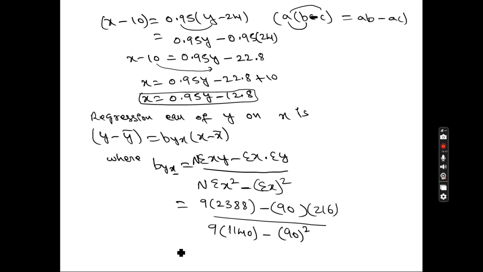If you substitute here, you will get the numerator 21,492 minus 19,440, divided by, 9 into 1140 is nothing but 10,260 minus 90 square, which is 8100.